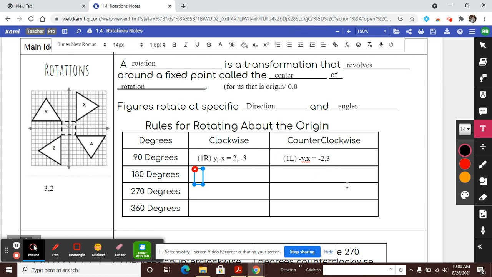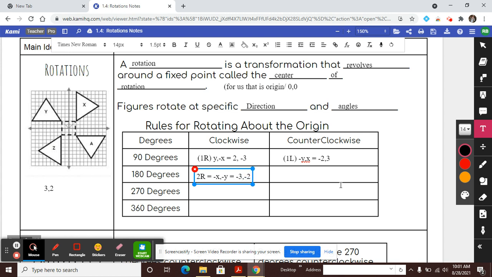So in clockwise, it's going right. For our equation, we're going to keep the order the same, but we're changing the sign. So it's going to be the exact opposite signs for both coordinates. In our example, that would mean that we would have negative 3 comma negative 2.